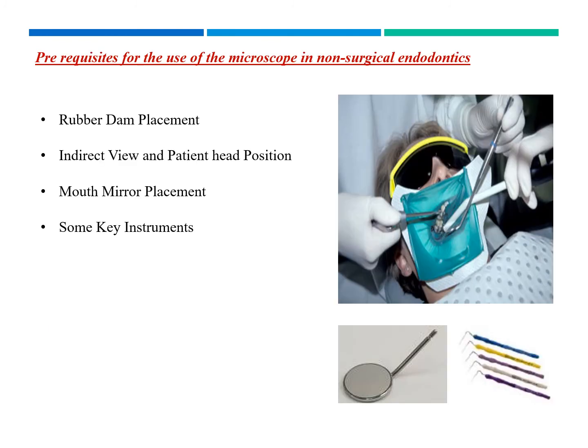The prerequisites for the use of the microscope in non-surgical endodontics would be that rubber dam placement is a must, and then indirect view is what we rely on. Whether it is a maxillary tooth or the mandibular tooth, you always rely on indirect view. The mouth mirror placement is very essential, and there are always some key instruments.